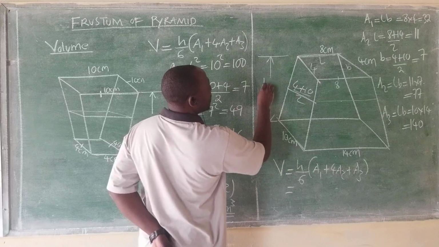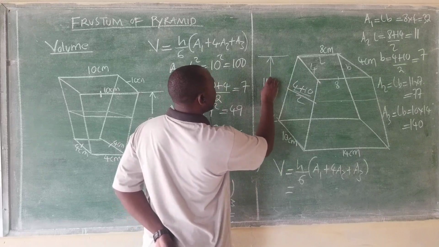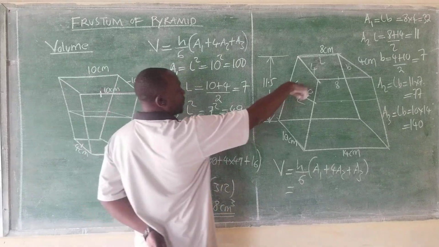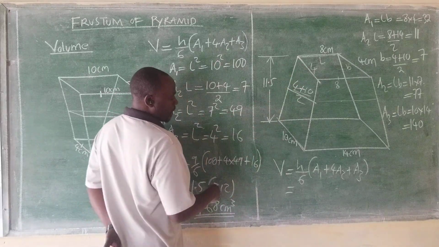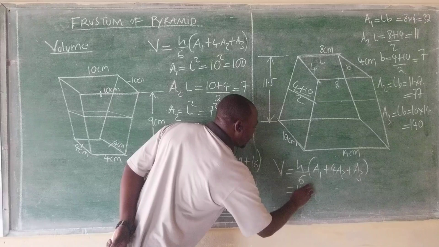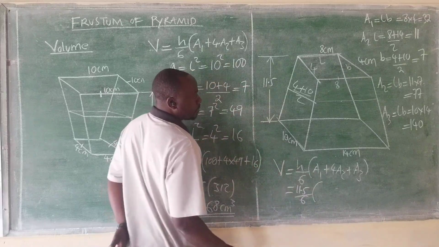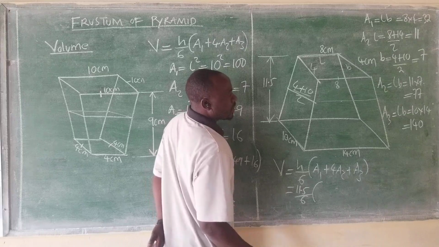I didn't put it here. It was 11.5, right? Yes, 11.5. That's the height of this whole frustum. So you have 11.5 over 6, open bracket, area 1. You remember area 1?